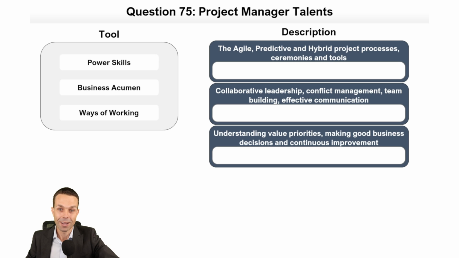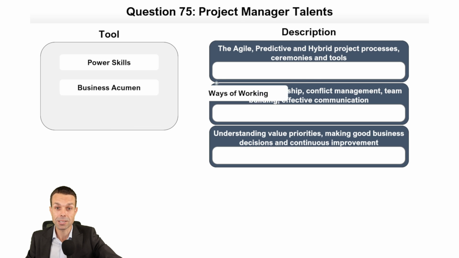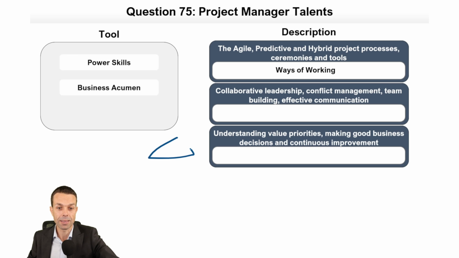Halfway through, now an agile, predictive, or hybrid project: processes, ceremonies, and tools. Oh, this is great. This is the project manager talent triangle. And you'll see this in the process groups practice guide. You need ways of working. Now, what if we have collaborative leadership, conflict management, team building, and effective communication? Those are our power skills.